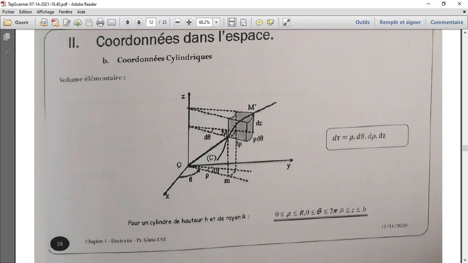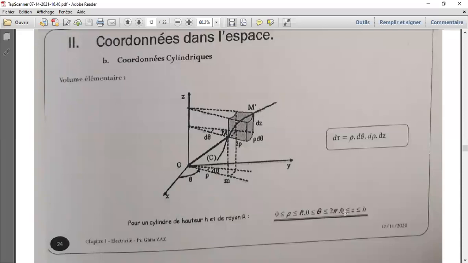Then z is the height, between 0 and h, any height you are given. These are just telling you the limits.